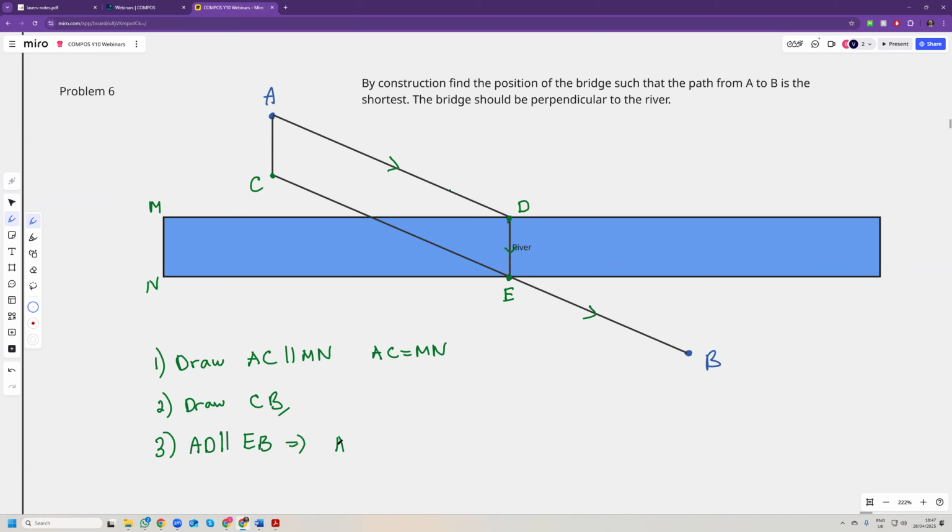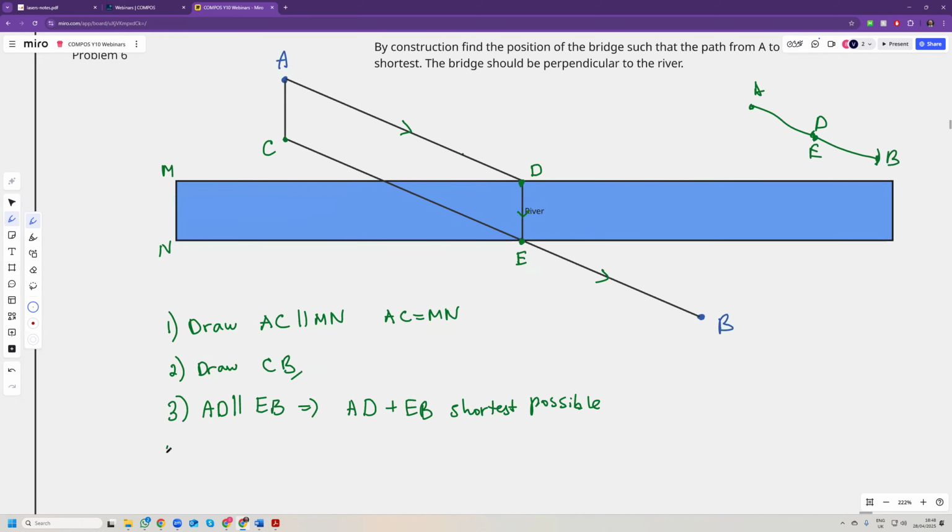Therefore, the path AD plus EB is the shortest possible. The total path should be the shortest possible, and the shortest possible is when AB is a straight line. So by construction, we have built the bridge. DE is the position of your bridge.